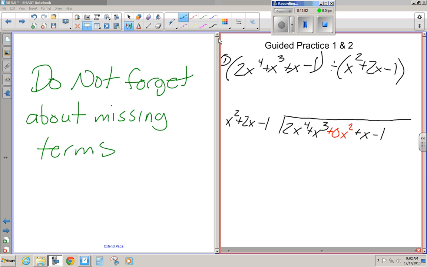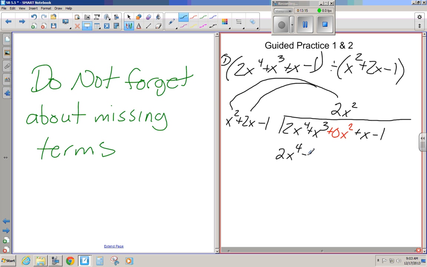And we're going to go ahead and think to ourselves, what times x squared gives me x to the 4th, or 2x to the 4th? Well, we know we're going to multiply by 2. And x squared times x squared gives me the x to the 4th that we're looking for. So now go ahead and multiply. 2x to the 4th, 2x squared, and that's a plus 4x cubed.